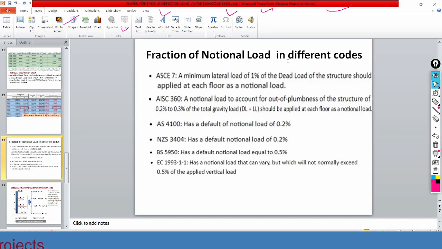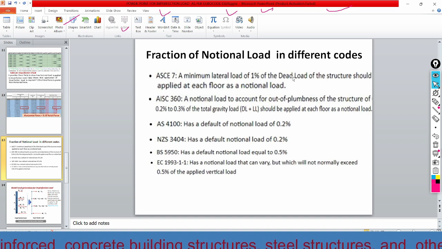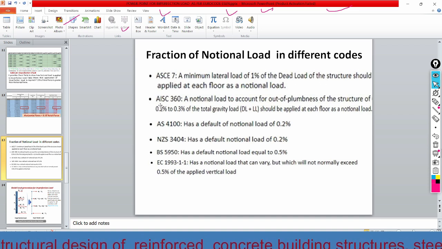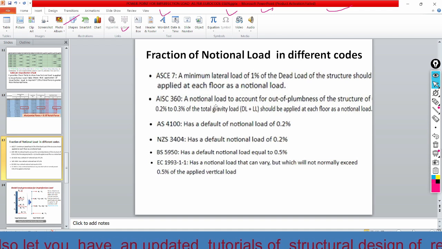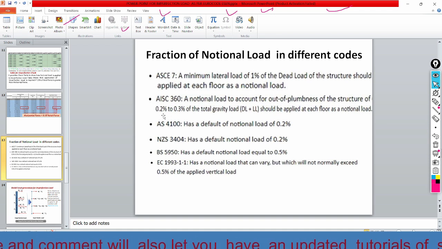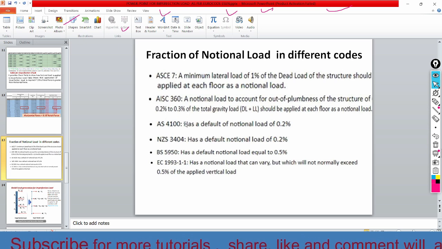And now, the fraction of the notional load in different codes. The fraction of notional load in ASCE 7 will be just 1% of the gravity load. In ISCC 360, the fraction of the notional load is between 0.2 and 0.3%.